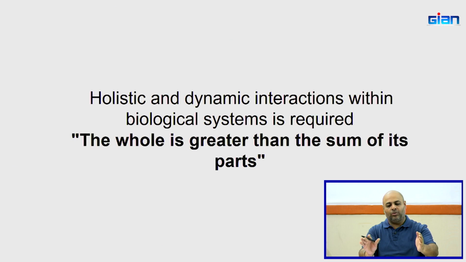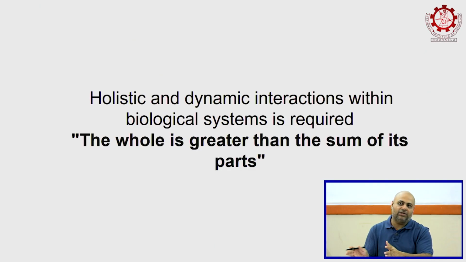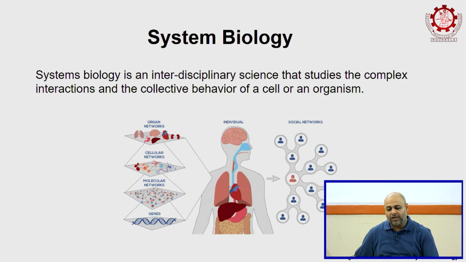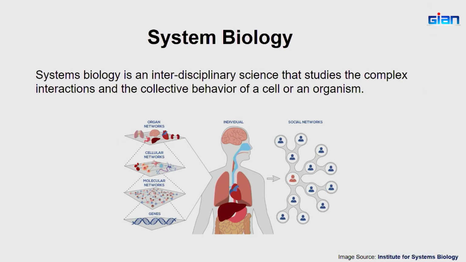You want to understand the whole map of E. coli, how each and every pathway is interrelated, what product comes out, what product does not come out. And once you have that information, you would be able to engineer it for your own usage. So, that comes under systems biology. Systems biology is an interdisciplinary science that studies the complex interactions and the collective behavior of a cell or an organism.